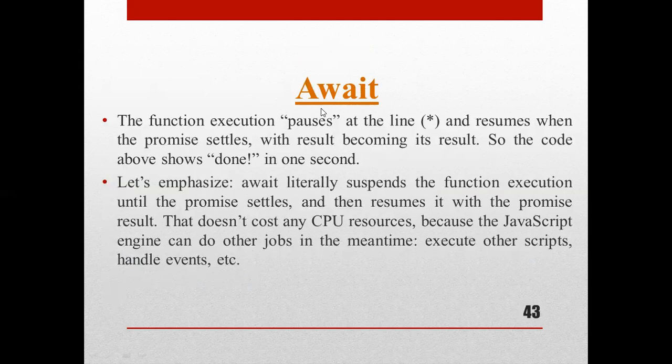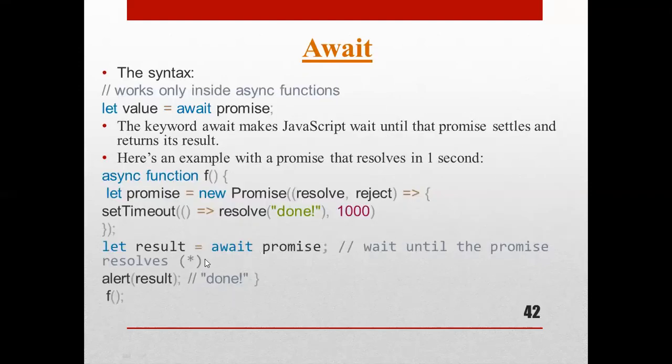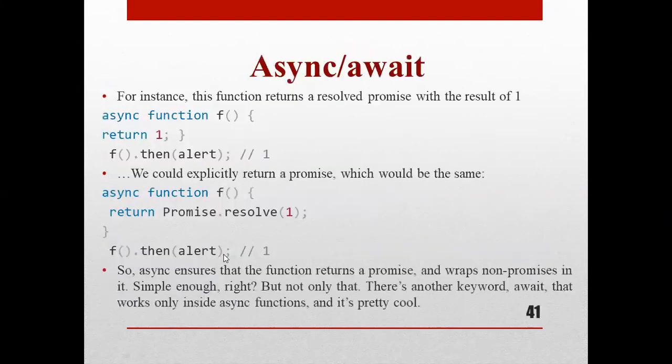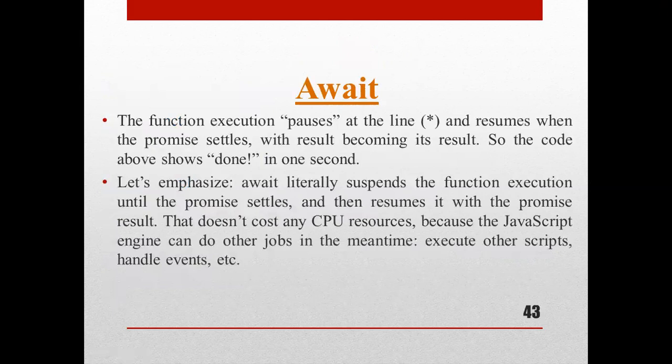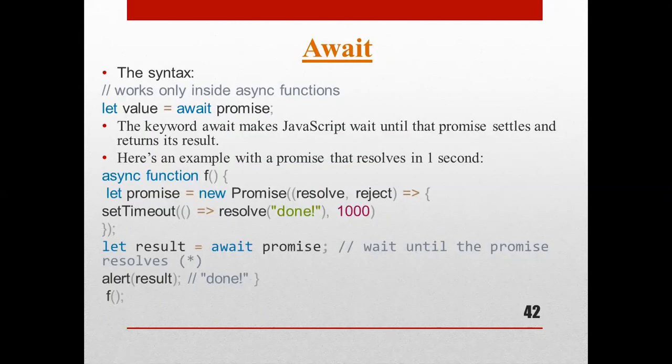With await, the function execution pauses at this line and resumes when that promise settles, with the result becoming its value. So this code shows done after 1 second, because we have set the time to 1 second, here 1000.